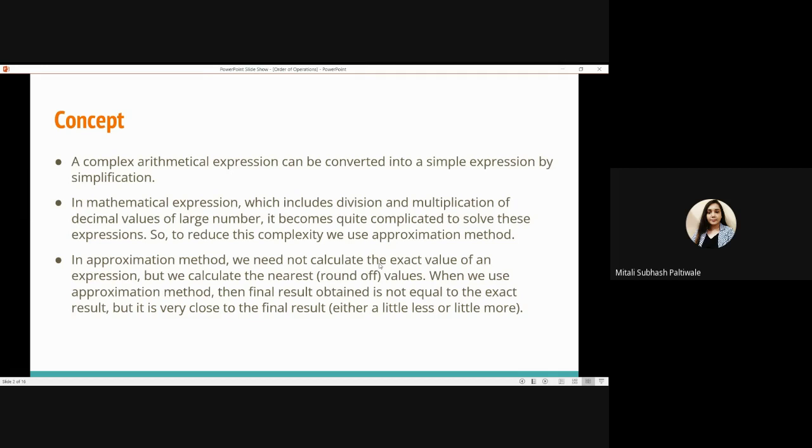When we use the approximation method, the final result obtained is not equal to the exact result, but it is very close to it. It could be a little less or a little more, but not way too much.